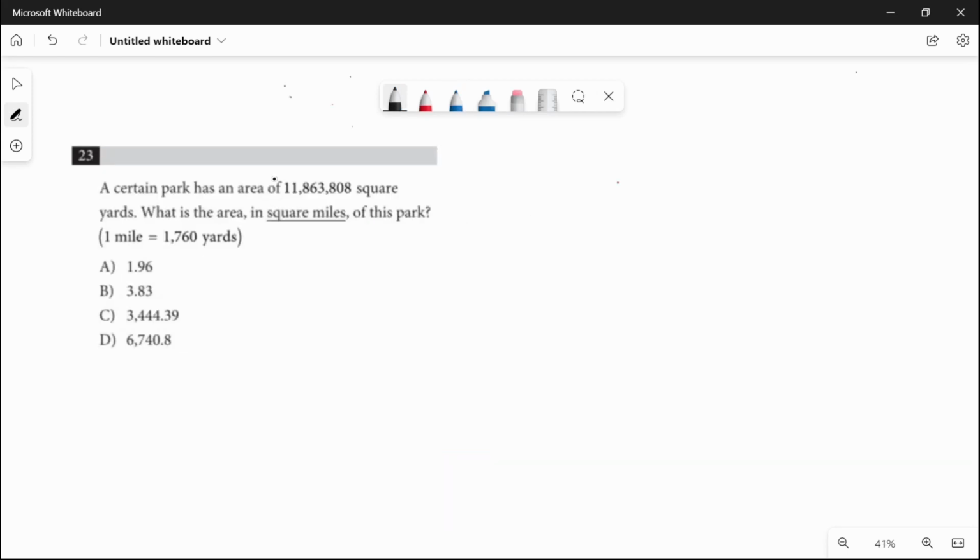Question number 23. A certain park has an area of 11,800,000 square yards. What is the area in square miles of this park? And you are given the rate from 1 mile to yards. So we know that 1 mile is equal to 1,760 yards.